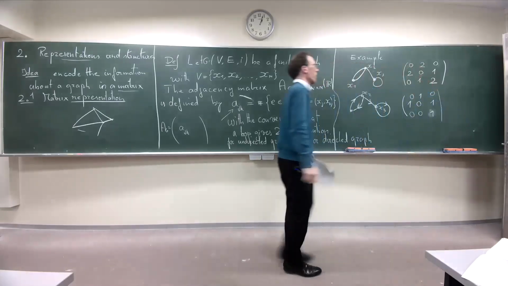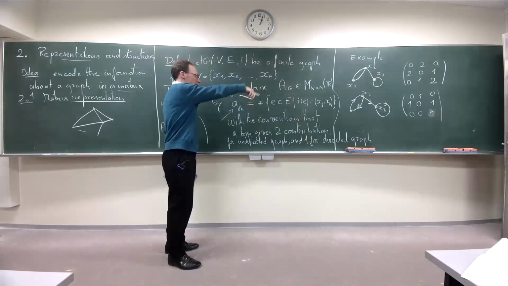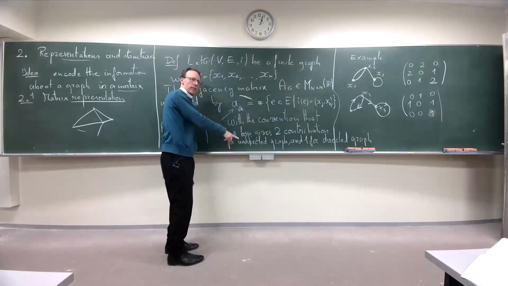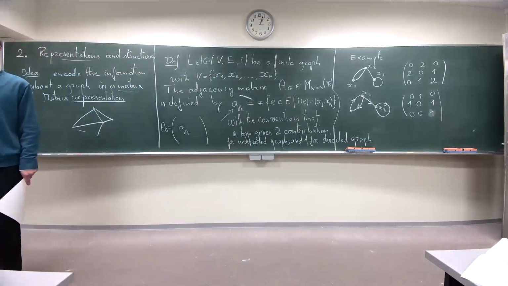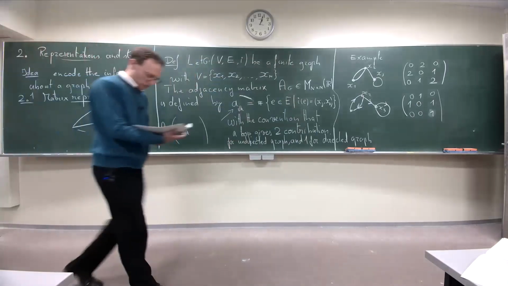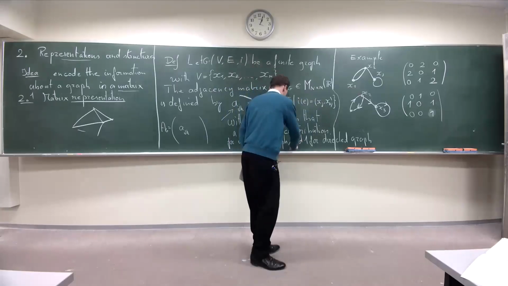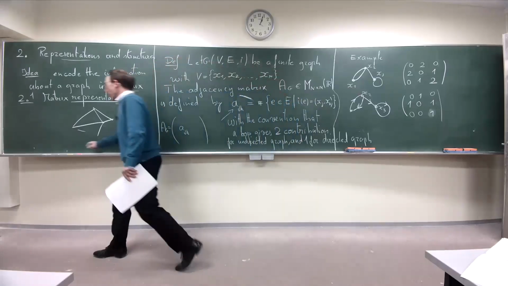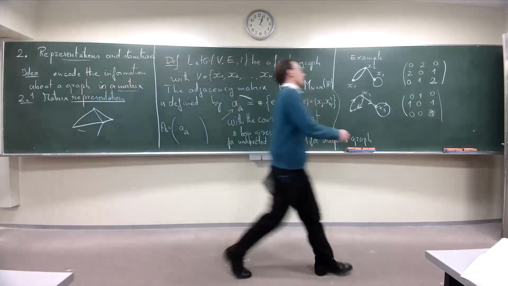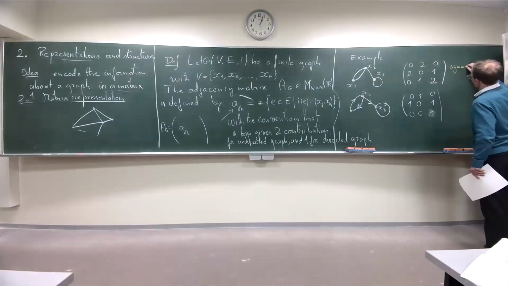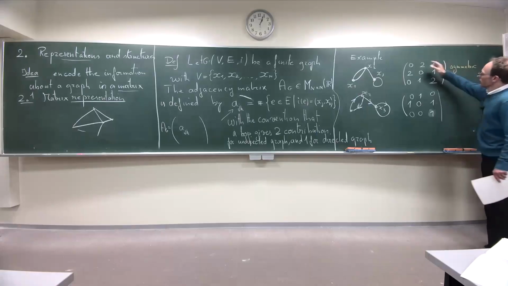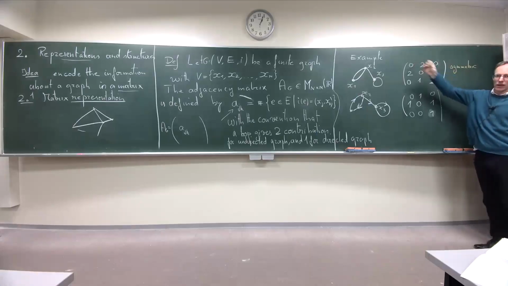But again, if somebody tells you, this is my rule, and gives you this matrix, you can reconstruct the graph. And what we observe is that the first matrix is symmetric. You probably know what a symmetric matrix is, which means you have a mirror on the diagonal.